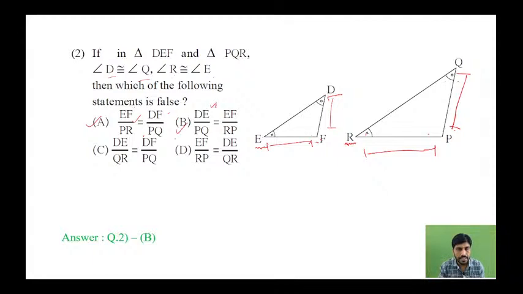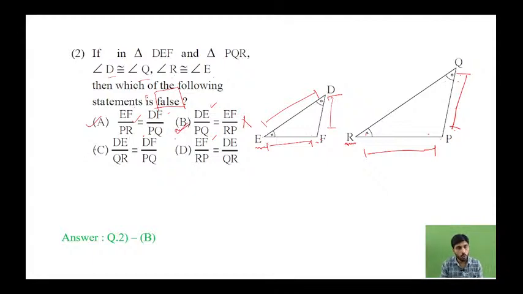Second option is DE upon PQ, so this is not correct. So B is the option, because they asked us which is the false statement. So this is not correct, means this is the correct option.